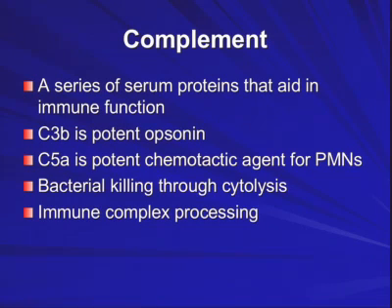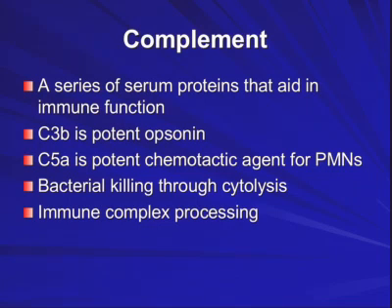C5, its byproduct, C5a, is a very potent chemotactic agent for polymorphonuclear leukocytes, and if C1 through C9 is allowed to go, you actually get a pore formation causing an osmotic killing of the bacteria through cytolysis. So when complement gets activated, if the bacteria is susceptible, you will see multiple pores and holes in the bacteria killing it.